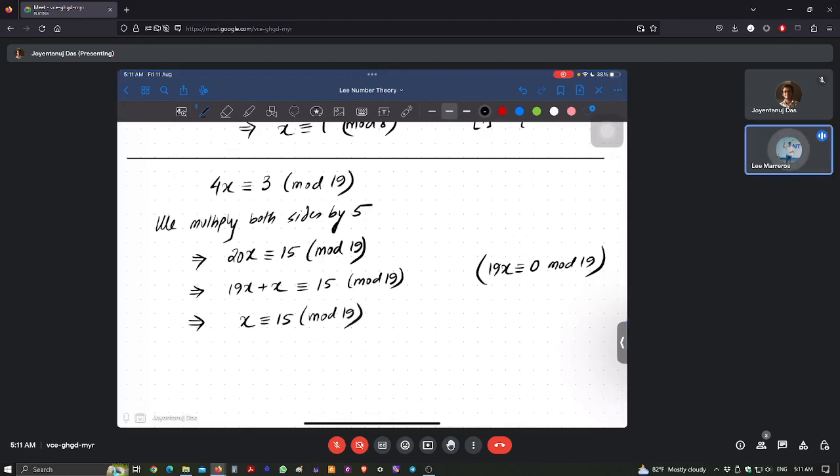So you just remove everything that is 0 mod n, whatever modulo n we are working in. So the solution is x is congruent to 15 mod 19.